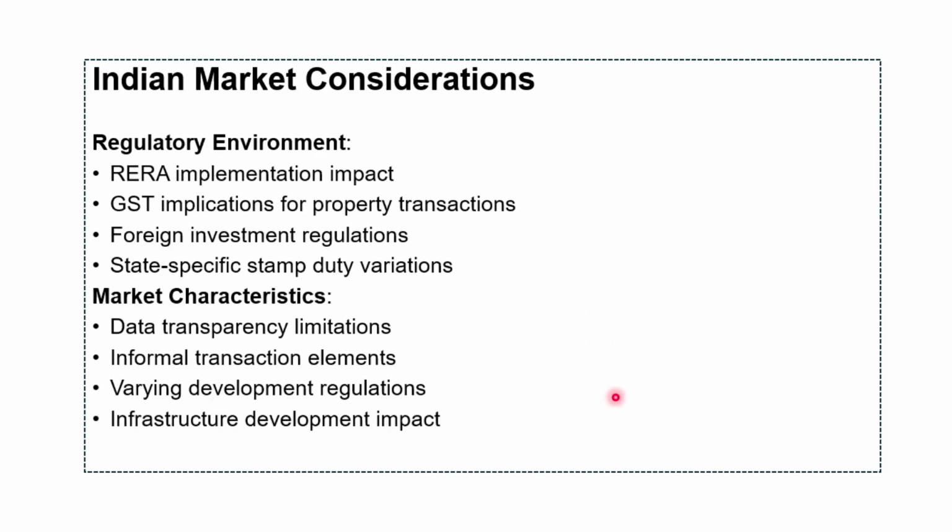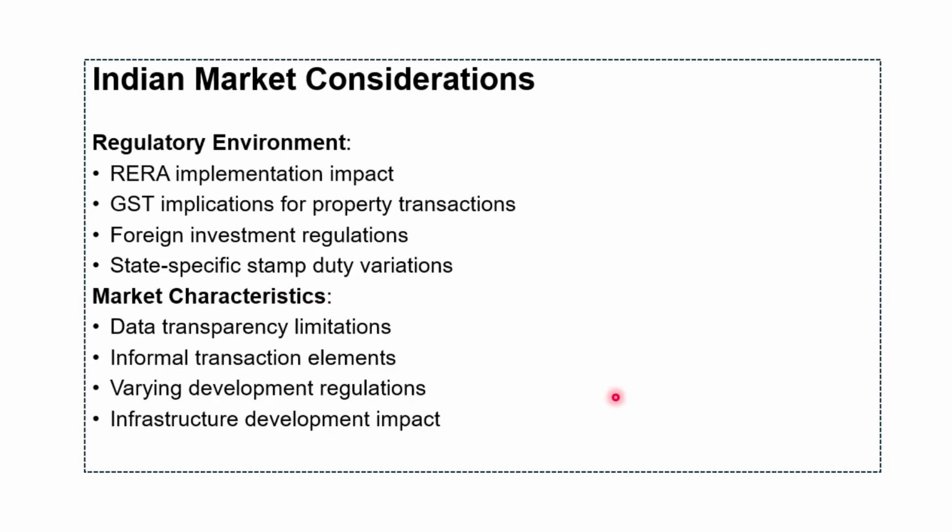Then Indian market considerations. We have to see the RERA implementation impact, which has been felt by the sector a lot. We have seen the regulatory environment continuously evolving. RERA implementation has improved transparency but created compliance complexity.